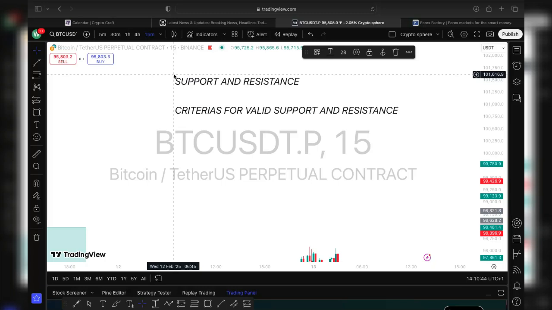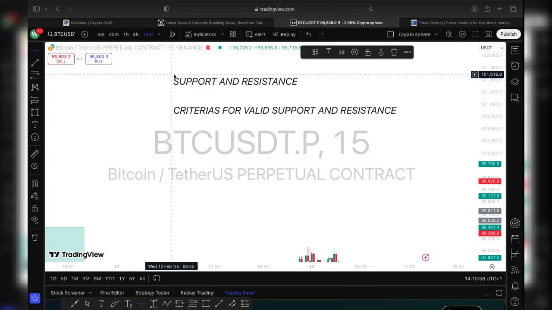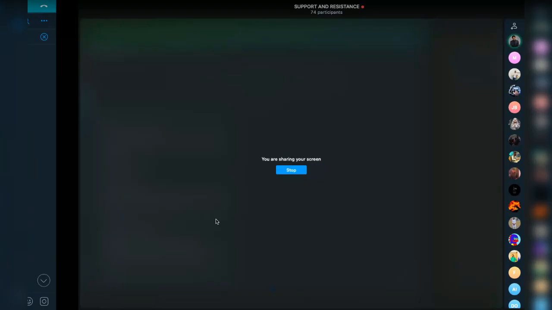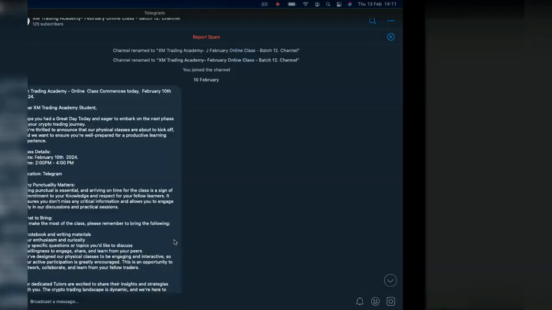It means, what are the things you want to look out for, what are the things you want to see to be able to say that, yes, this is a support level or this is a resistance level? We want to be able to see certain things that tell us that, yes, buyers are here or sellers are here.